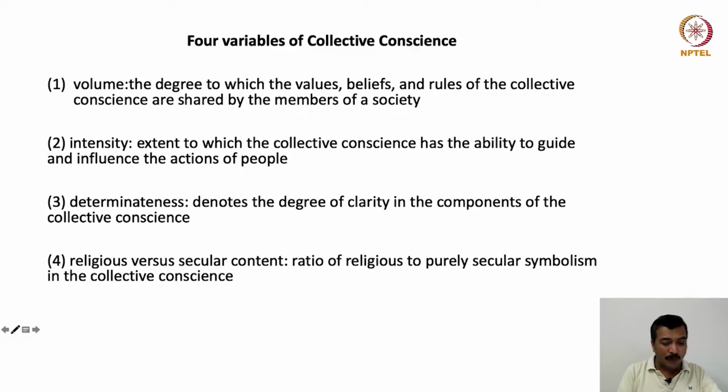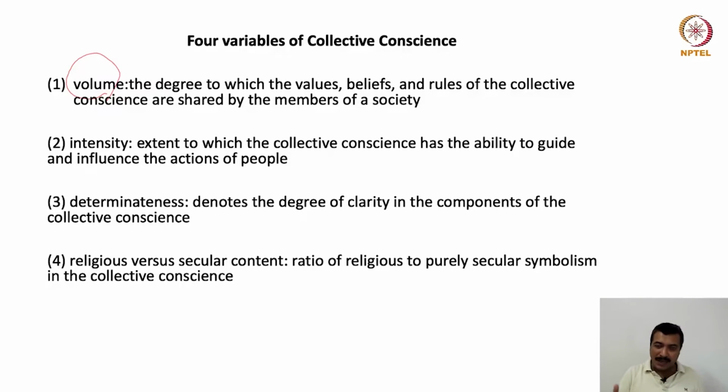So there are four important variables of collective conscience according to Durkheim, and they are extremely important. One is volume, the degree to which the values, beliefs, and rules of the collective conscience are shared by members of a society. What is the overall amount of common values, beliefs, and rules which are shared by people?